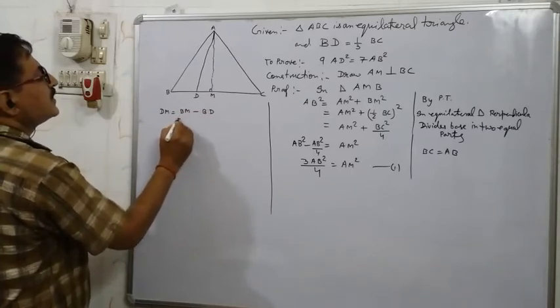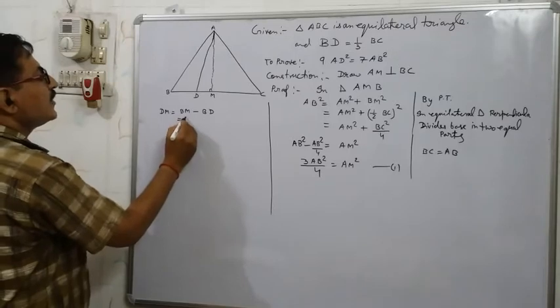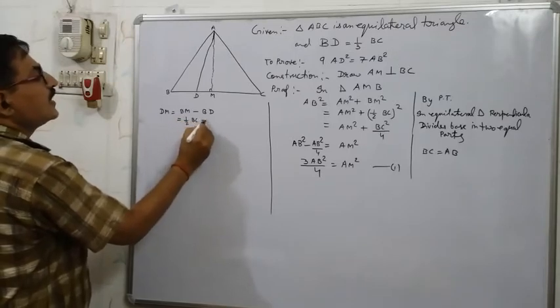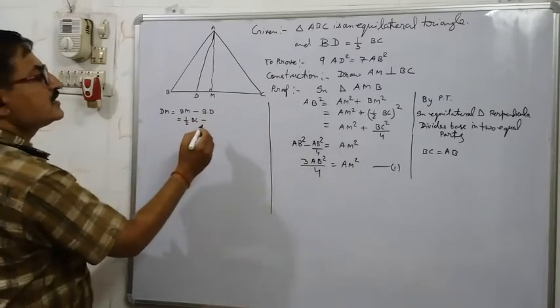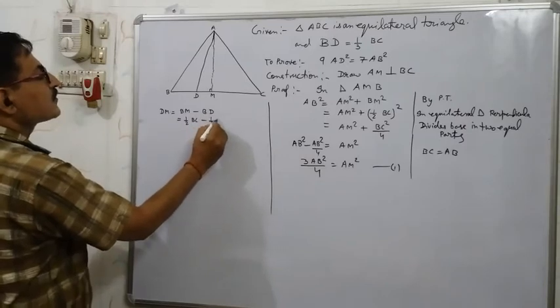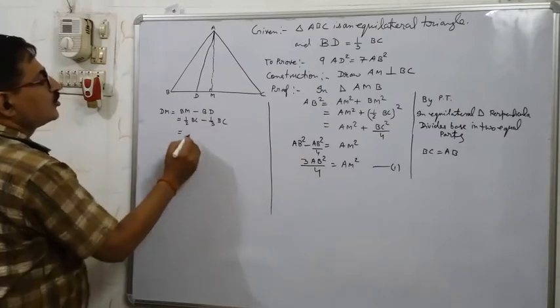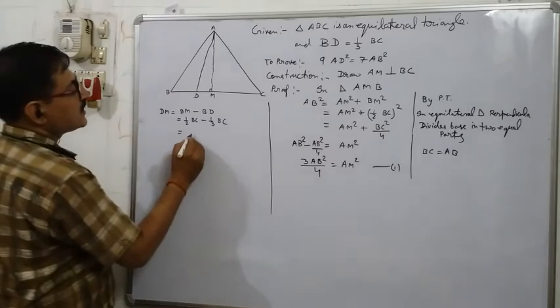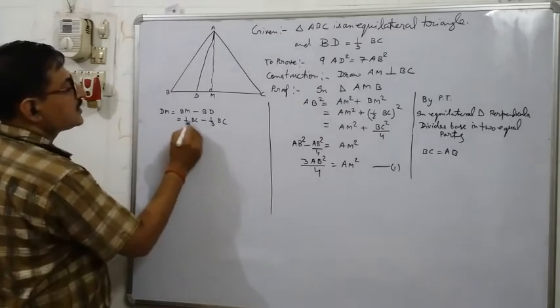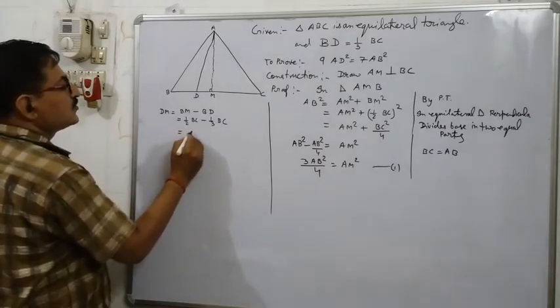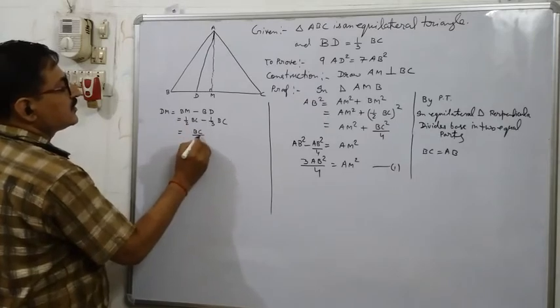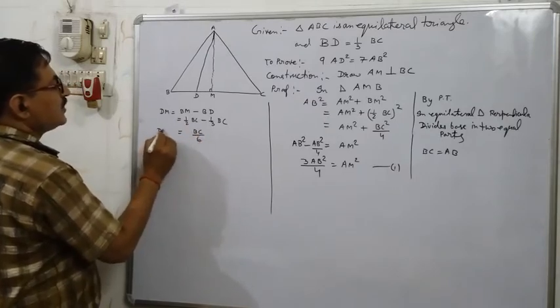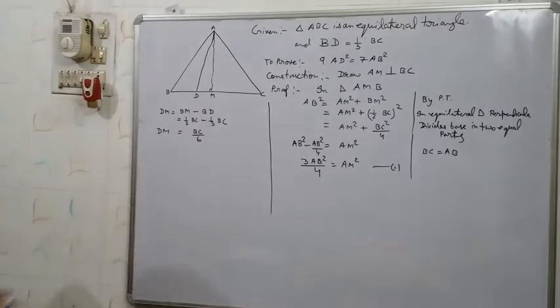BM is already known as half BC, and BD equals 1 by 3 BC, as given. So 1 by 2 BC minus 1 by 3 BC. Taking 6 as LCM, 3BC minus 2BC, so that will be BC upon 6. So the DM value is BC upon 6.